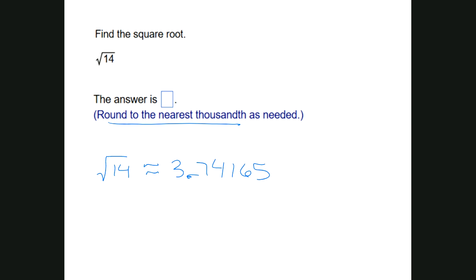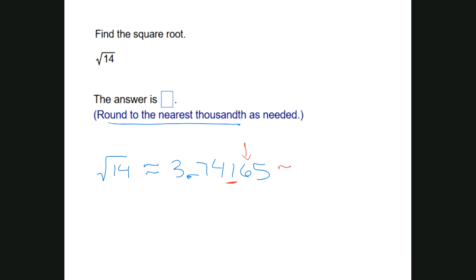We have to round this to the nearest thousandths. So I need to locate my thousandths. This is my tenths, hundredths, thousandths. The number to the right, if it's 5 or larger, means that I'll add 1 to my thousandths position.